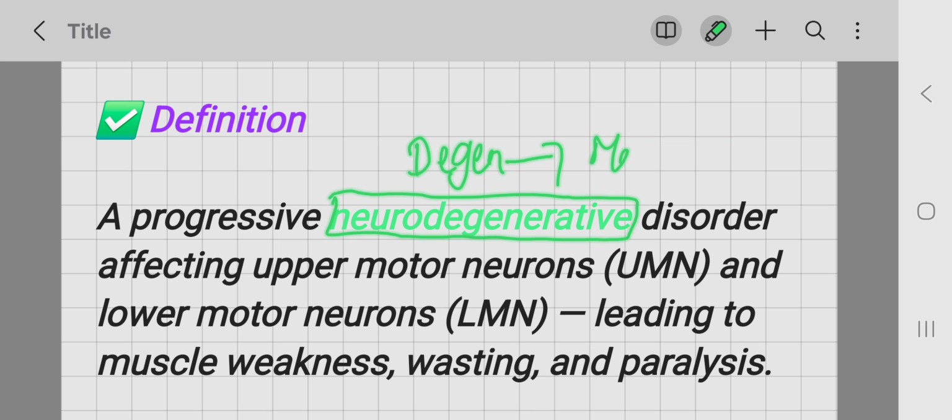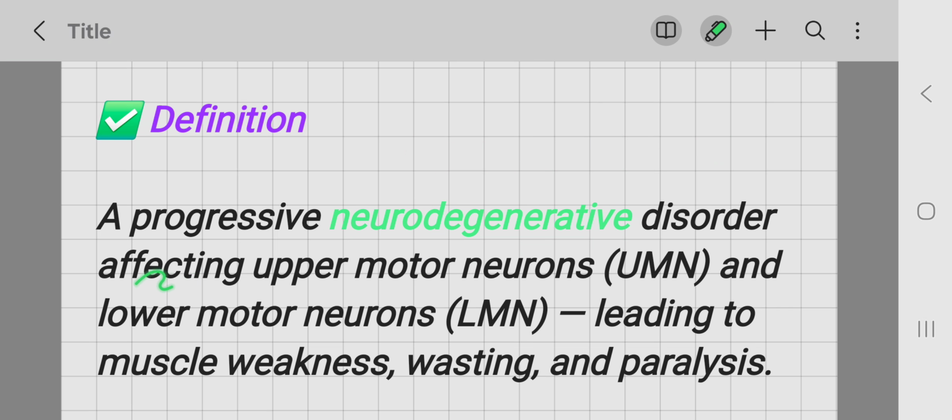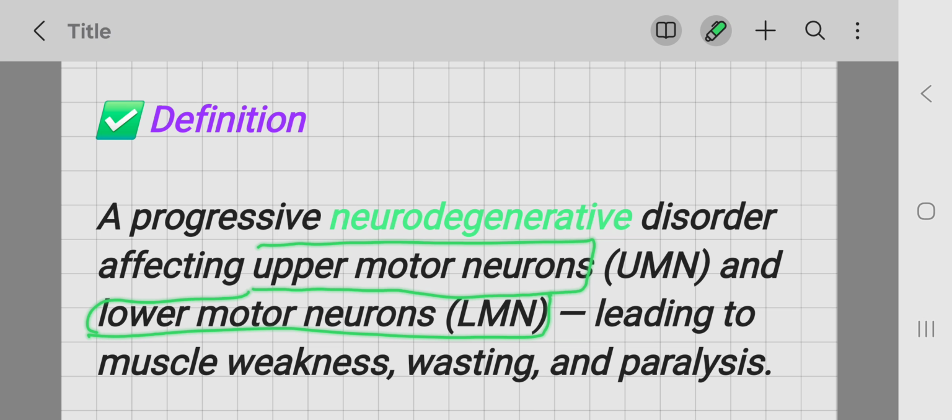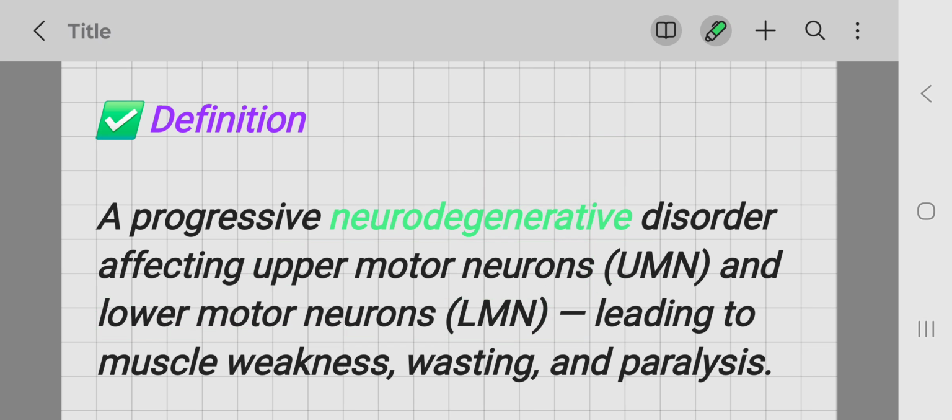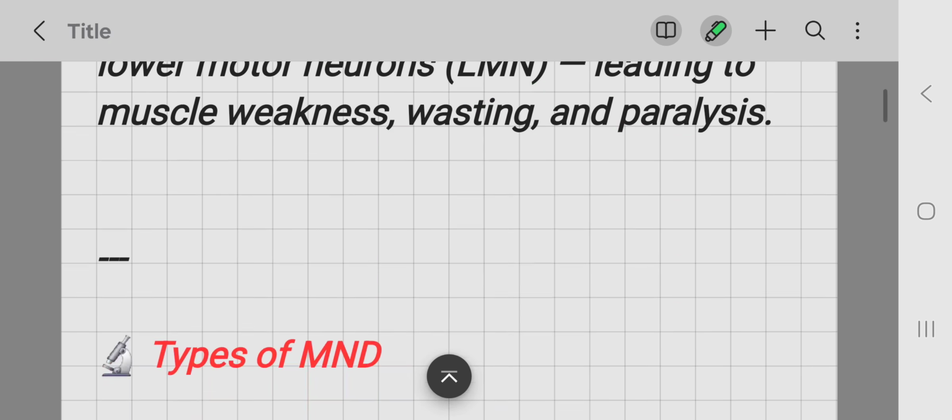The cause of this degeneration of motor neurons is unknown, and there is either upper motor neuron lesion or lower motor neuron lesion or features of both upper and lower motor neuron lesions, especially in case of amyotrophic lateral sclerosis. There is muscle weakness, muscle wasting, and paralysis due to involvement of upper and lower motor neurons.